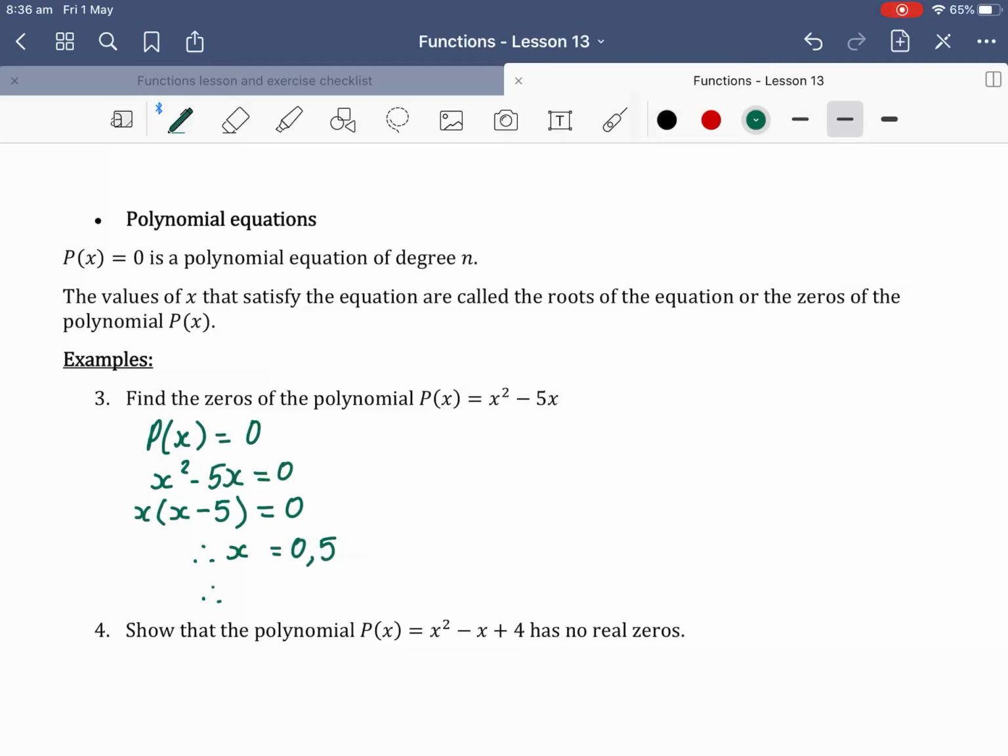So therefore, our zeros are x equals 0 and 5. Oh, sorry, our zeros, not our roots. Apologies. Helps if I read the question properly, doesn't it?